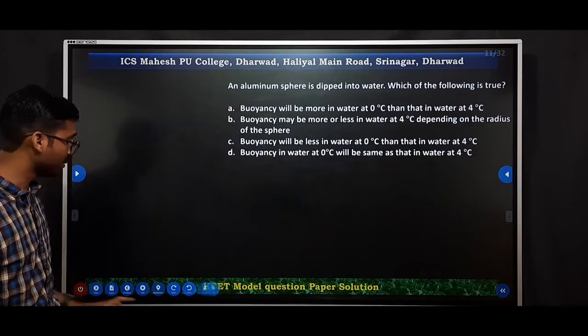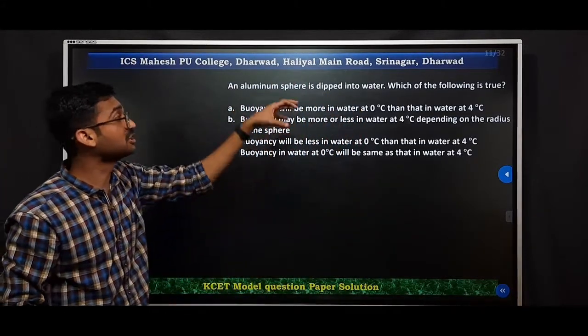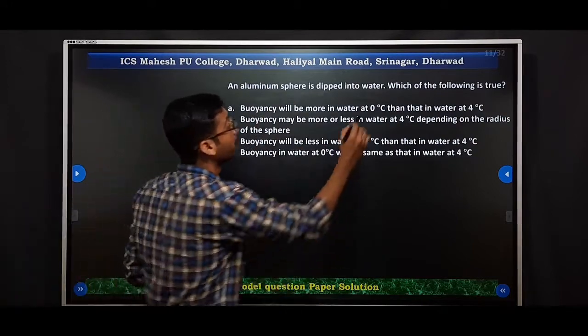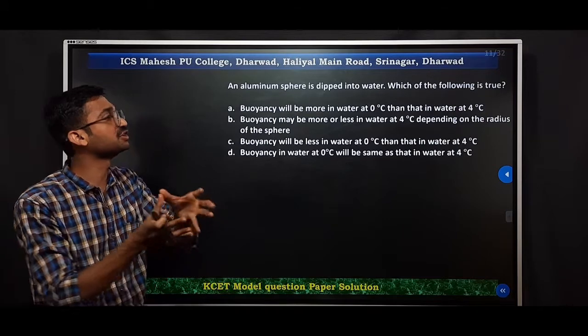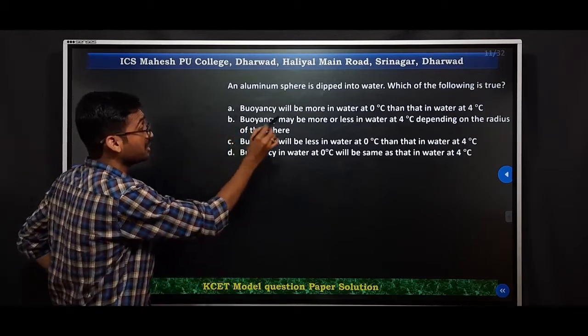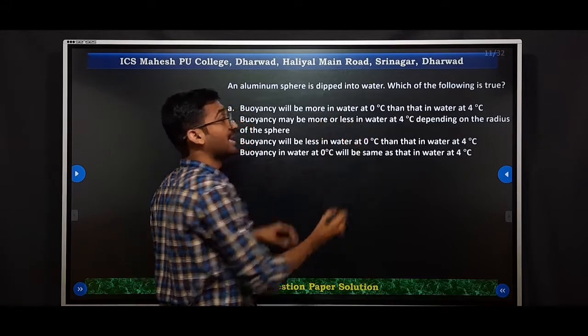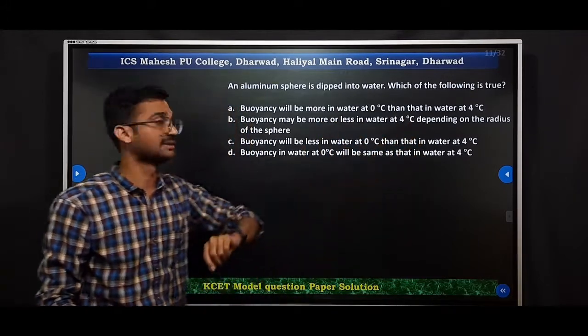Moving on to the next one, that is, an aluminium sphere is dipped into water. Which of the following is true? Okay, we have an aluminium sphere which is dipped into the water. Let us check out the options here. Buoyancy will be more in water at 0 degrees Celsius than that in water at 4 degrees Celsius.